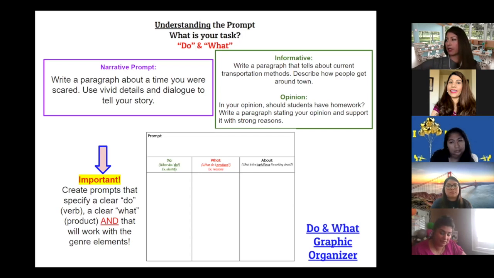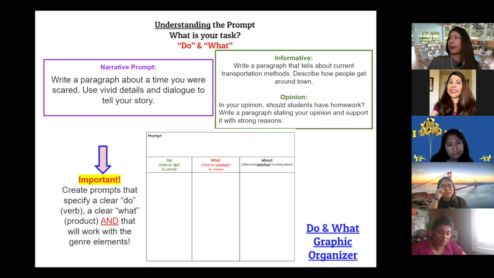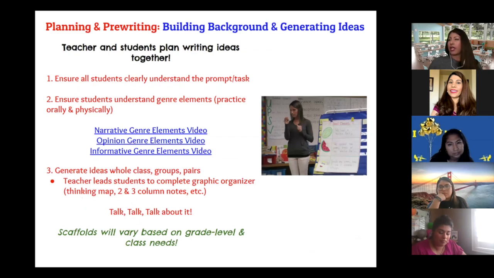Just a reminder that this is linked to an actual document right here where it says do and what graphic organizer. And then at the end of this module, I'm going to share with you the 1-pager resources that are all in English and in Spanish of all of this and for all of the routines. Okay, then the next step here, the first step is dissect the prompt.